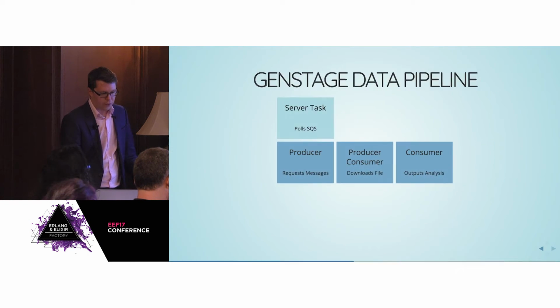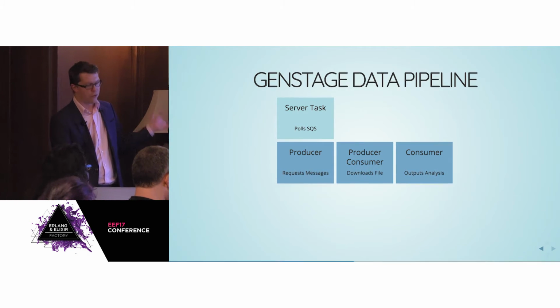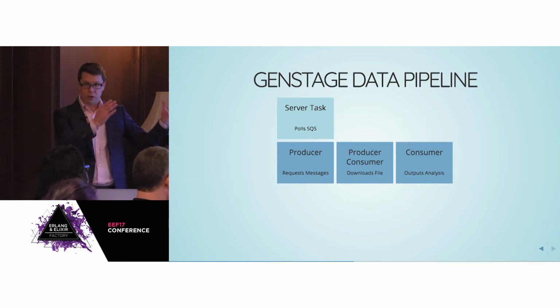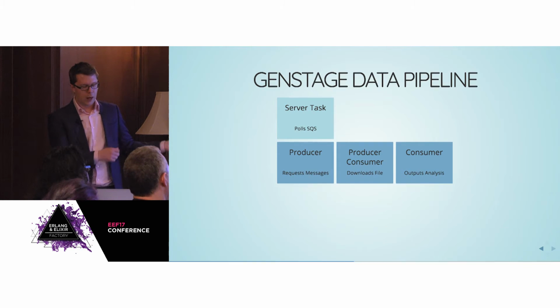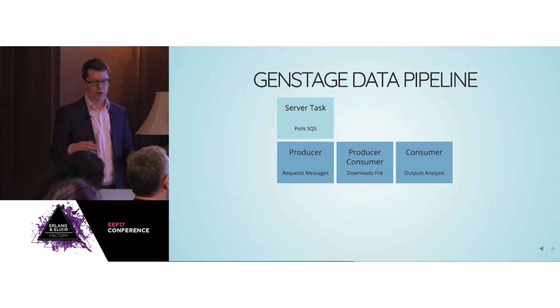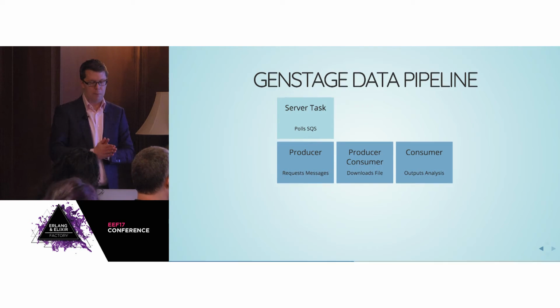The structure of this application is based on a GenStage pipeline where we have a producer that is responsible for fulfilling the demand from the consumer to actually request messages from SQS. It hands those messages to the producer consumer, which downloads the appropriate file from S3. And then the consumer, in this case, just counts the number of lines in the file.